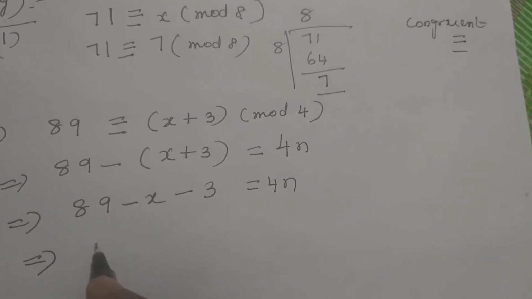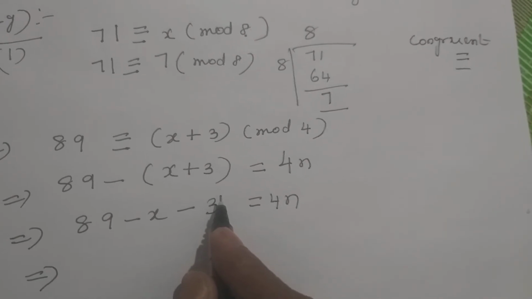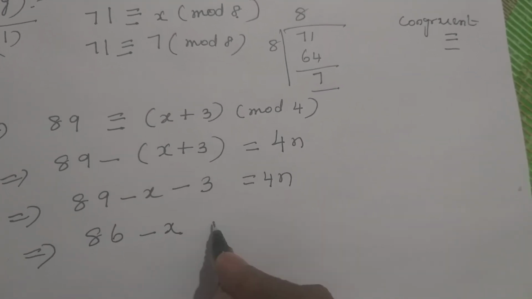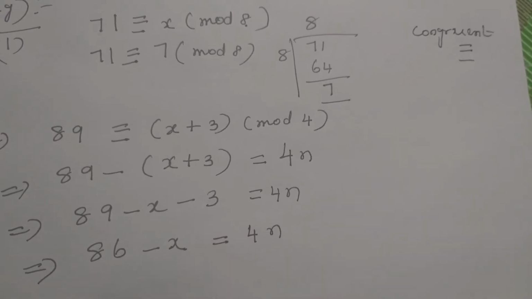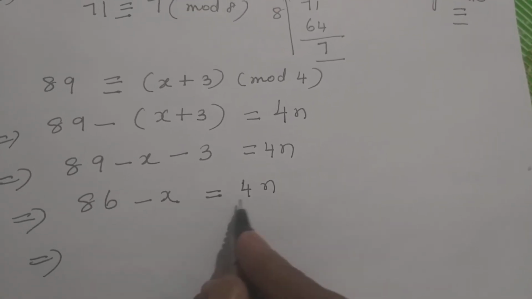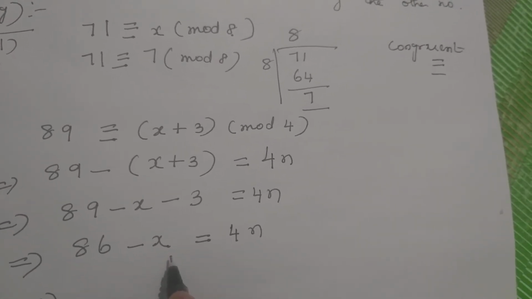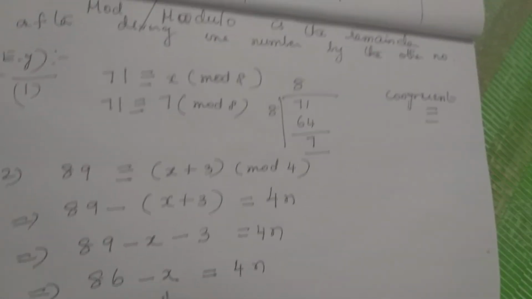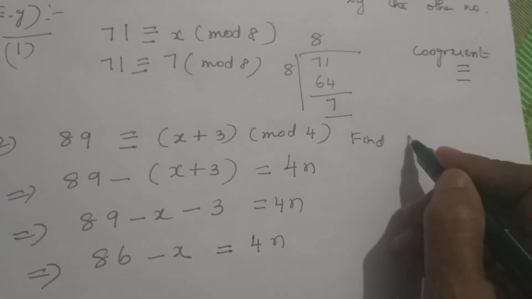Now 89 minus 3, what are you getting? 86 minus x equal to 4n. So 86 minus x is equal to 4n. You have to find here the number x, but it must be the least positive integer. So the sum is to find the least positive integer.